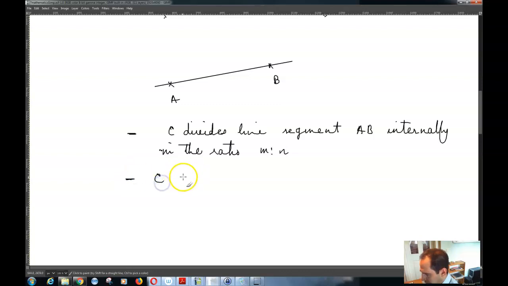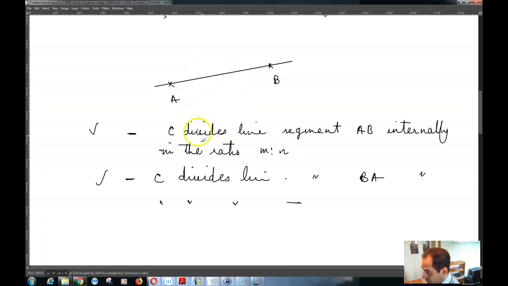And if you say C divides the line segment BA internally in the ratio m to n, this will be a completely different thing.